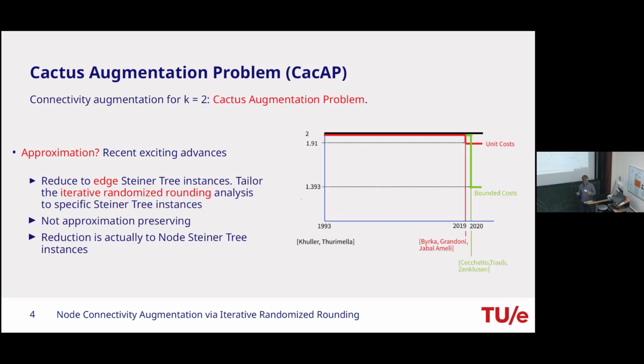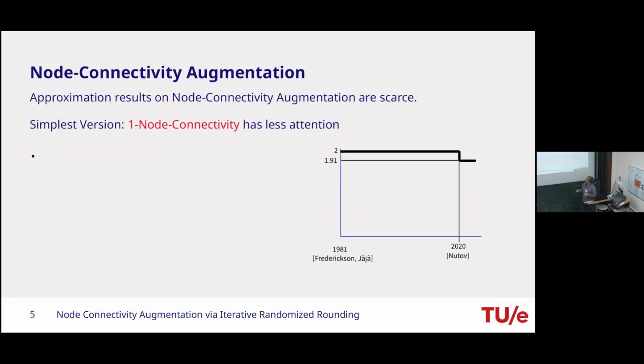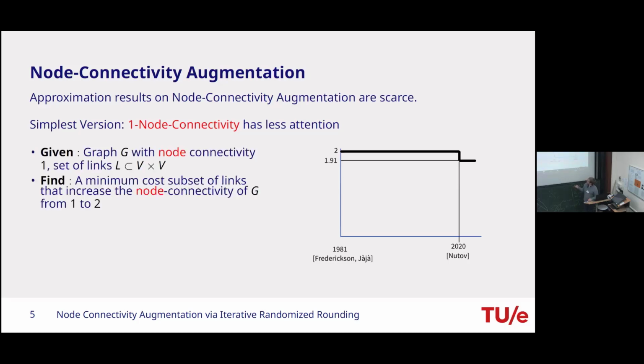That's what we're going to use to solve node connectivity augmentation, which has very little results, except recently it's been receiving some attention. Even the simplest version, which we'll be considering, one node connectivity, doesn't have much.